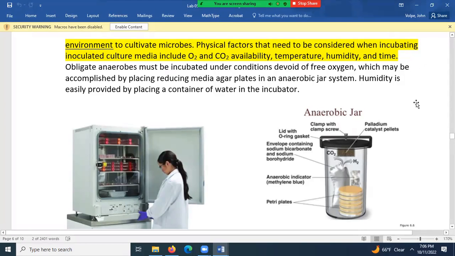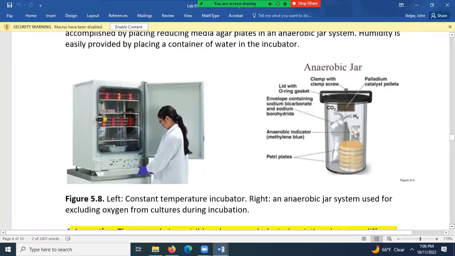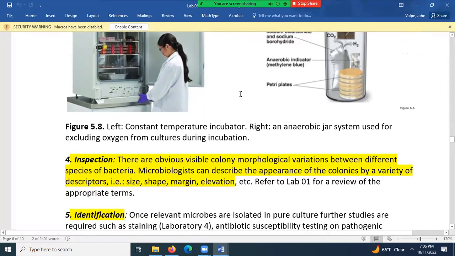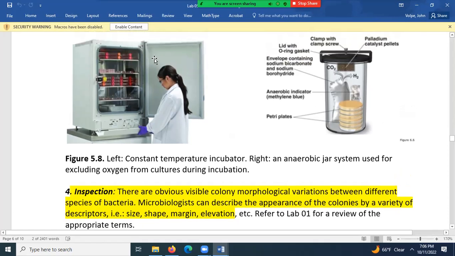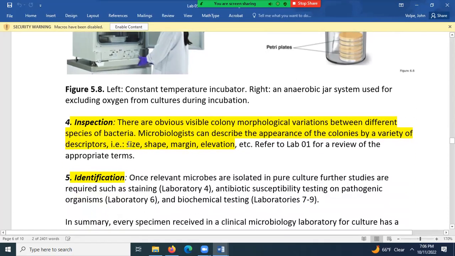Okay. Any questions about incubation? You usually incubate your cells in what we call an incubator. And here you're looking at an incubator right here. You then perform inspection on your colonial growth to see the different species.